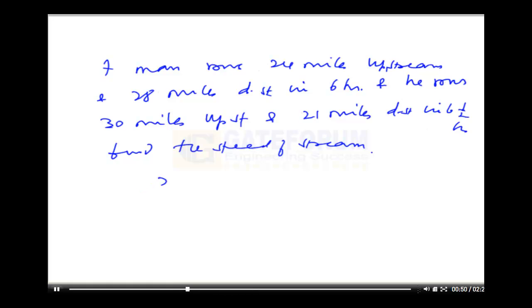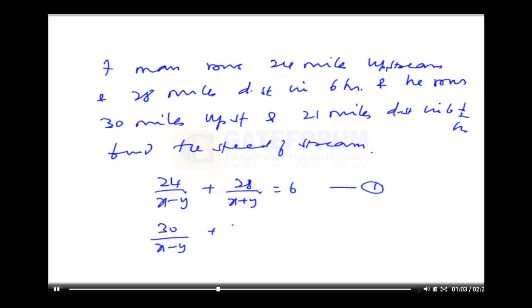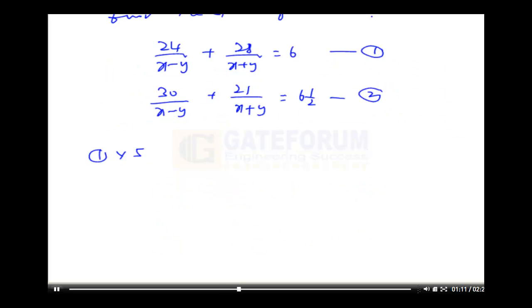So the equation is 24 miles upstream, x minus y, 28 miles downstream, x plus y is 6, call it as 1. 30 miles upstream and 21 downstream is equal to 6.5. You solve it simultaneously. Equation 1 multiply by 5, 120 by x minus y plus 140 by x plus y is equal to 30.